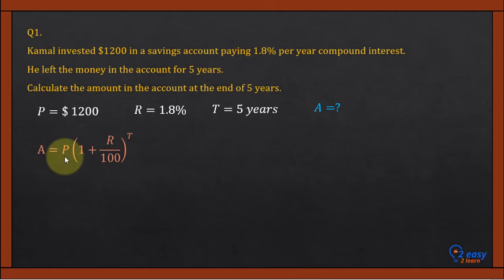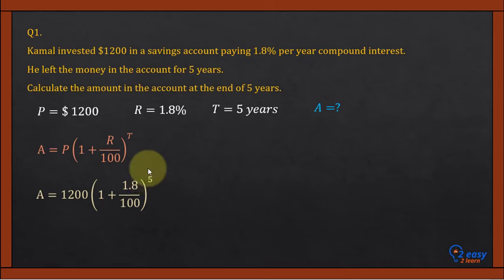So A is equal to P times (1 plus R over 100) power T. So plug in these values in this formula. The value of A we have to calculate. The value of P is 1200 times (1 plus R, which is 1.8%, and we will plug in 1.8 divided by 100), and time is 5 years, so T is 5.